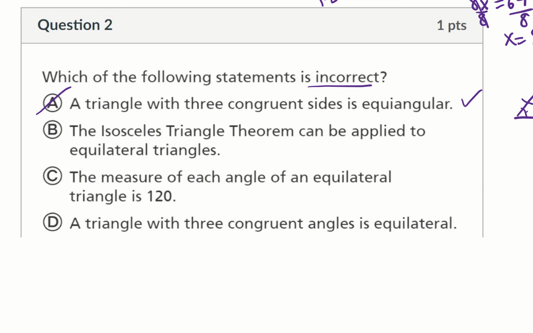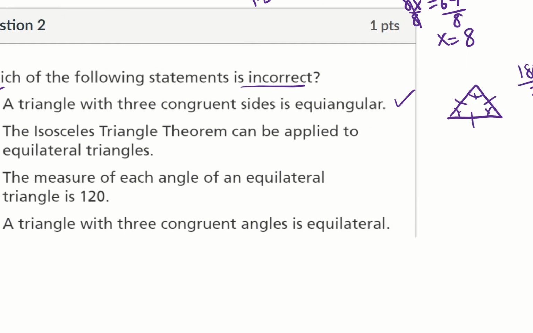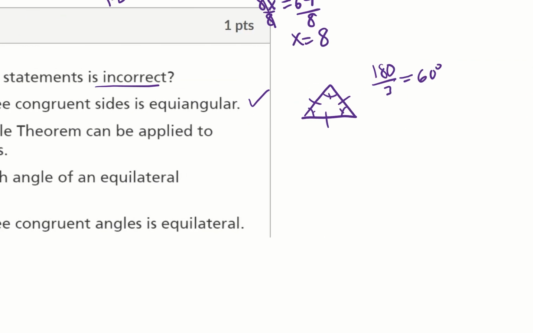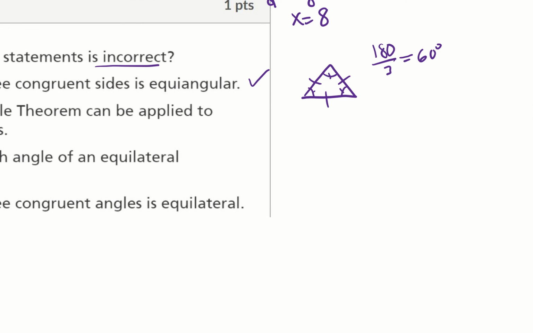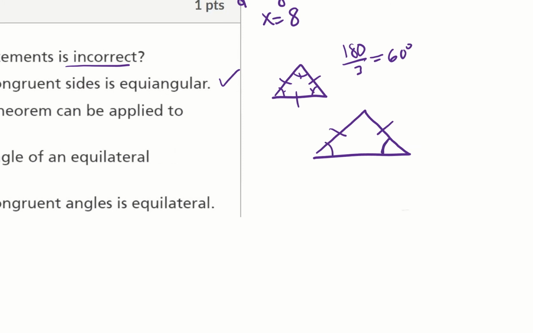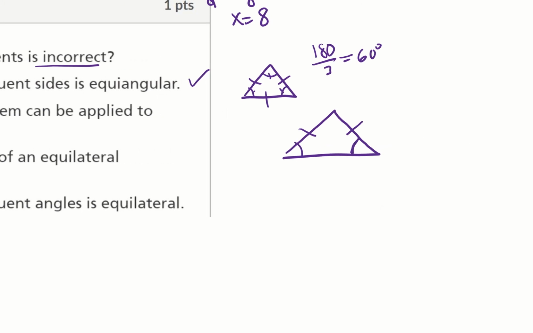The isosceles triangle theorem can be applied to equilateral triangles. Is that true? Yes, that is actually true. If you have an isosceles triangle like this, that means these two angles are equal. This applies to an equilateral triangle as well.